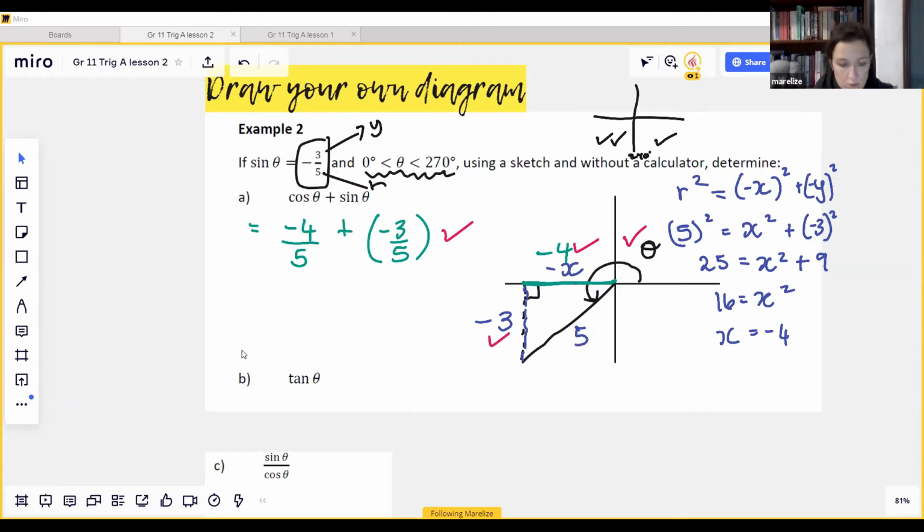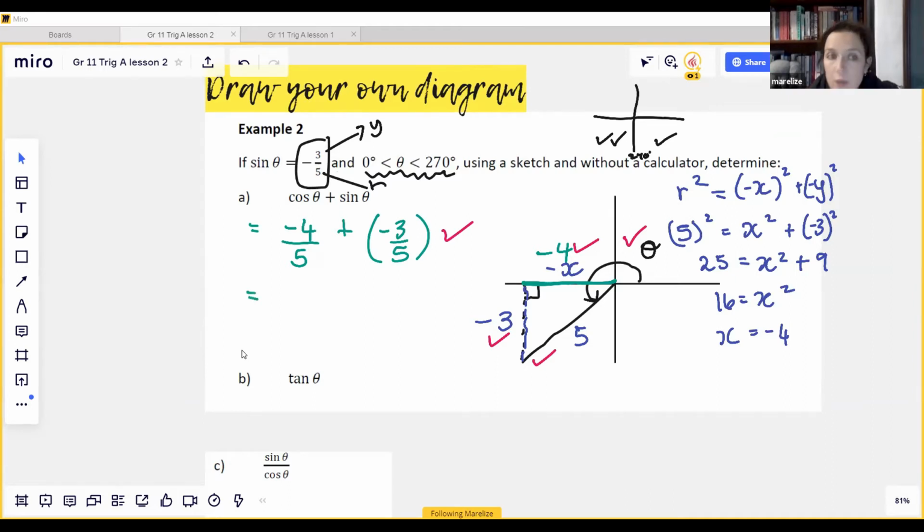So you'll either get another mark for the 5 or another mark for the quadrant. I think most of the time they just do the quadrant. So you've got to put your theta in, put your sides in, label them correctly, and then use Pythagoras to calculate the missing side. Anyway, back to our question over here. I got sidetracked.